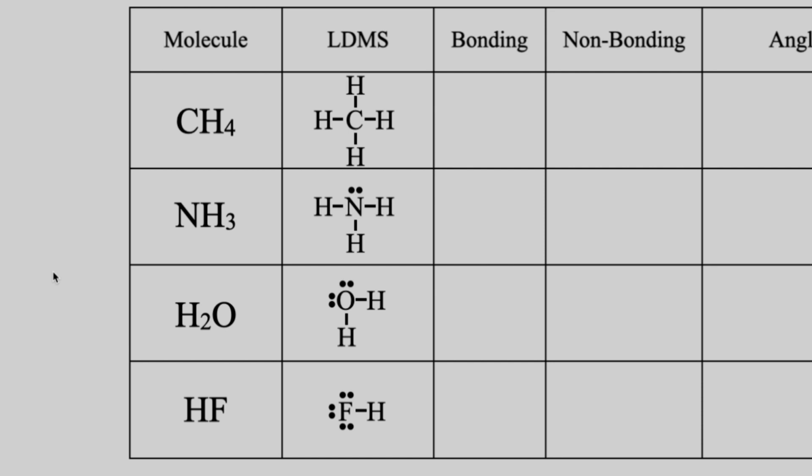The reason that I'm giving you these Lewis dot structures rather than having you draw them is because you've already drawn them. Guys, you've seen all of these in assignments 3 and 4. So you've done all of these. So there's no sense in having you do them again.